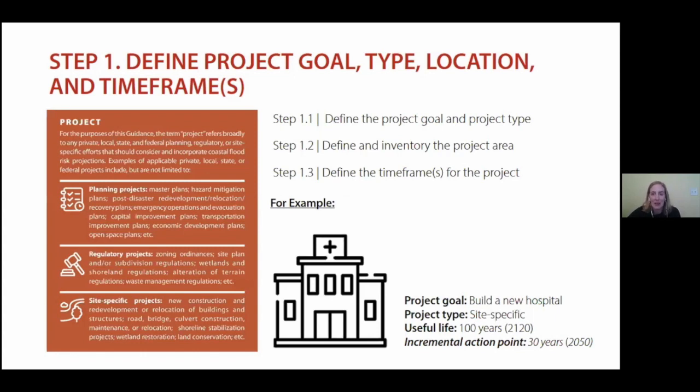So the guidance lays out how you might think about characterizing the project area for those types of projects in a lot more detail, as Nathalie suggested.